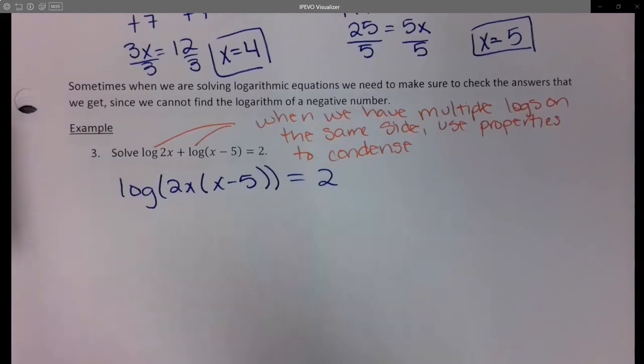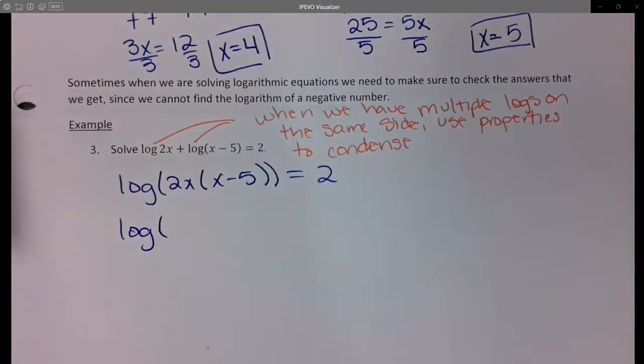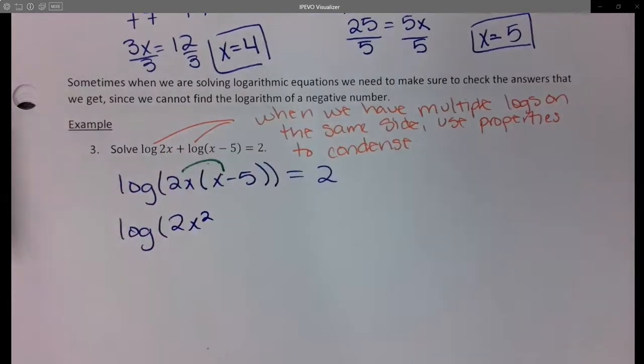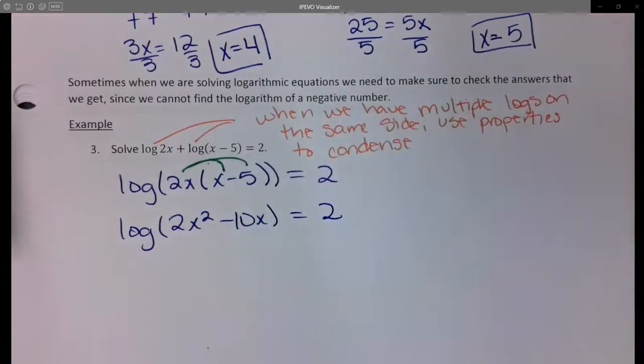Okay, then I want to go ahead and actually multiply the pieces in here. What is 2x times x? And then 2x times negative 5? Negative 10x. And this still equals 2.